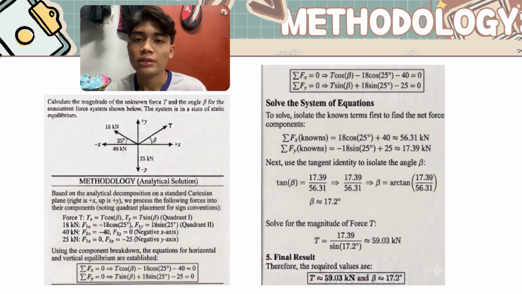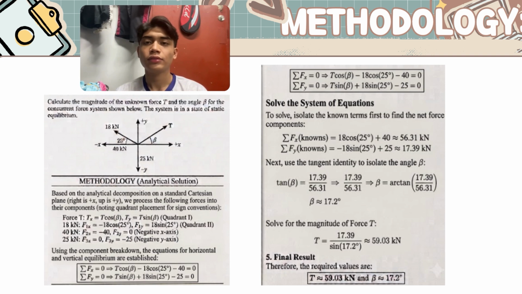By setting the sum of all horizontal forces to 0, we establish our first equilibrium equation: T cos beta minus 18 cos 25 degrees minus 40 equals 0. Isolating our known terms shows that the net known horizontal force pushing left is approximately 56.31 kN.